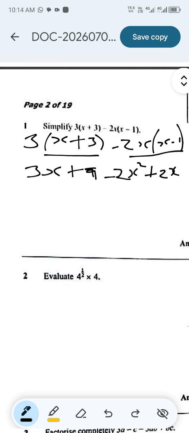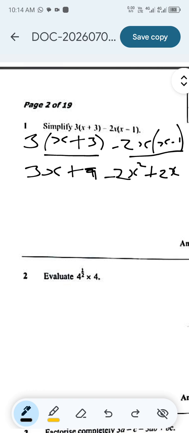Okay, so where we have reached, all we need to do is collect the like terms. So we have 3x and 2x. Powers matter in simplifying. If we have 3x, it cannot go with the negative 2x squared because x is having an extra power on top. So it is going to be treated as an independent term.